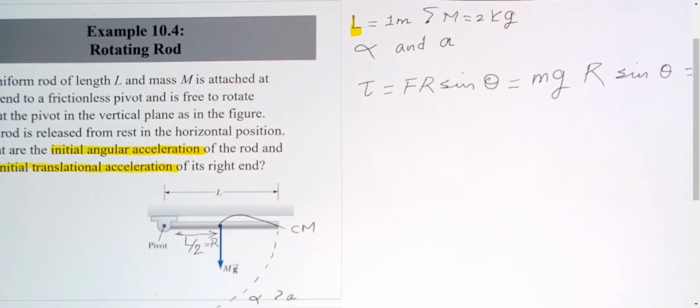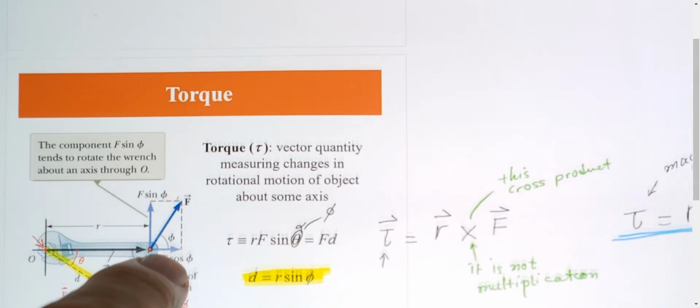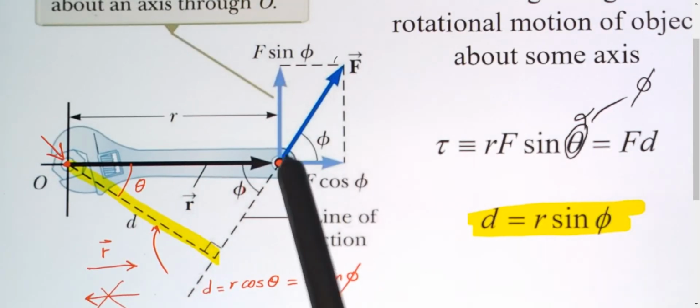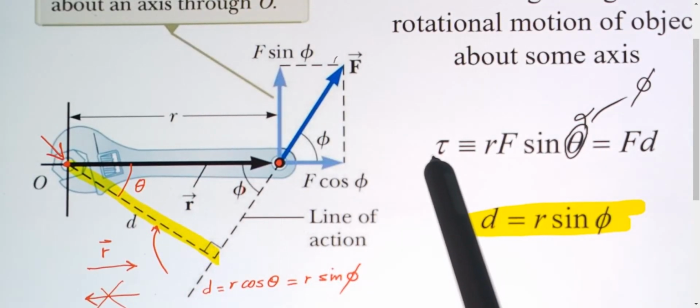Well, based on the problem. The angle, as we mentioned in the first part, is for the torque, which is a cross product.